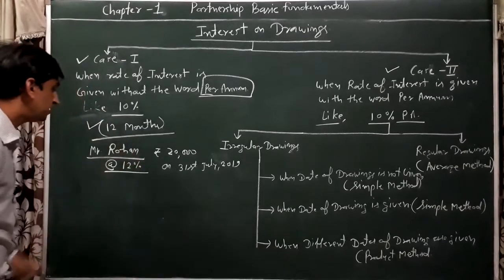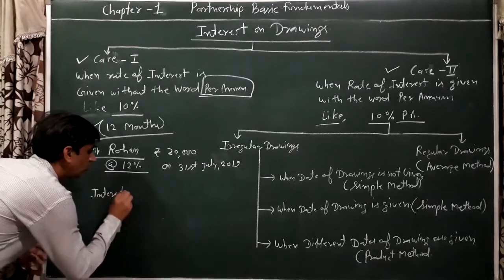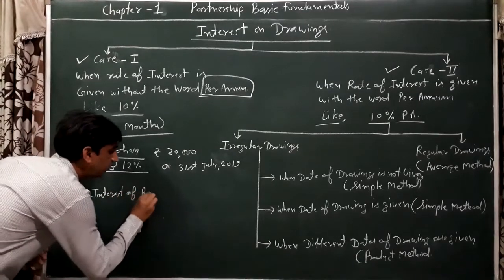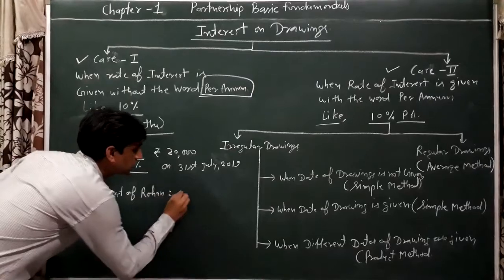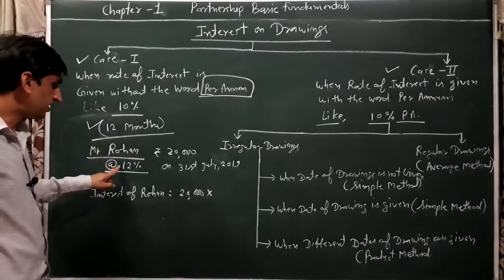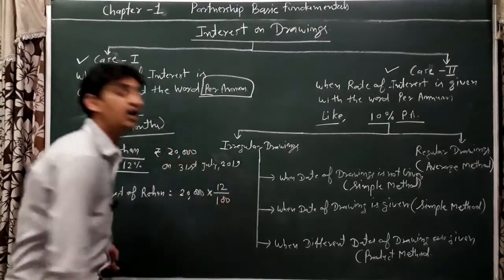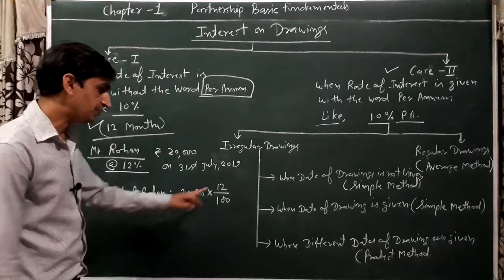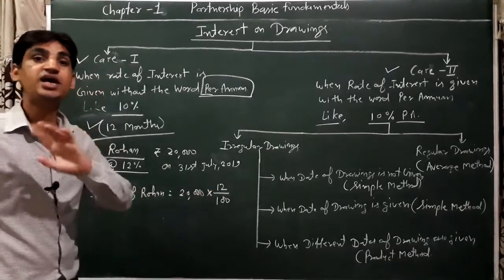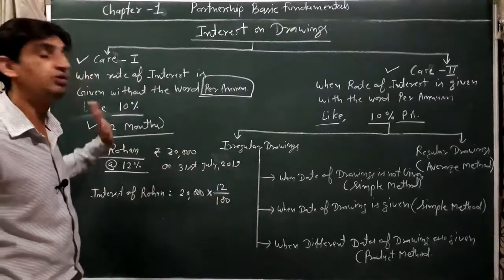So here, interest of Rohan: rupees 20,000 he withdrew, into rate of interest 12 upon 100, and the time period will not be considered for calculation of interest. All 12 months' interest will be calculated.